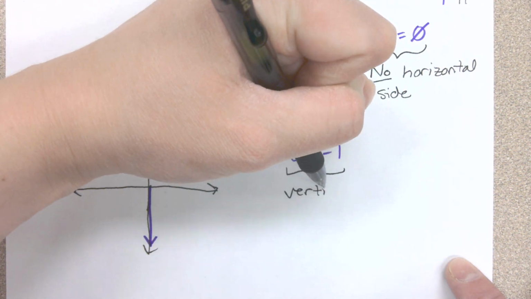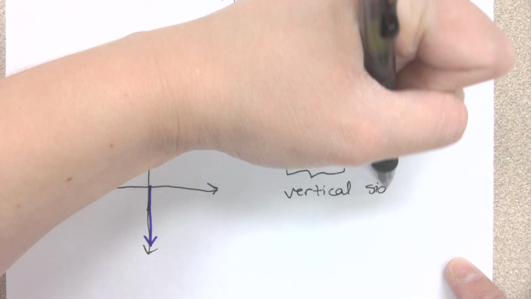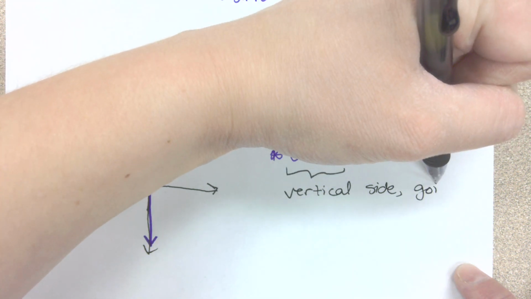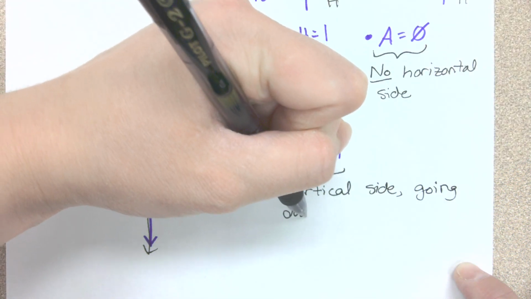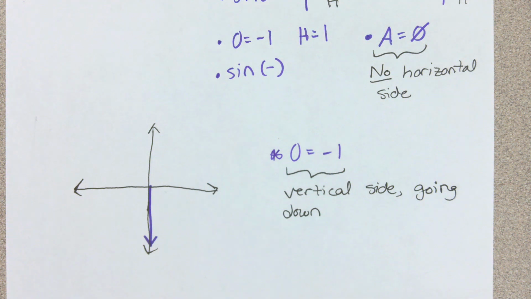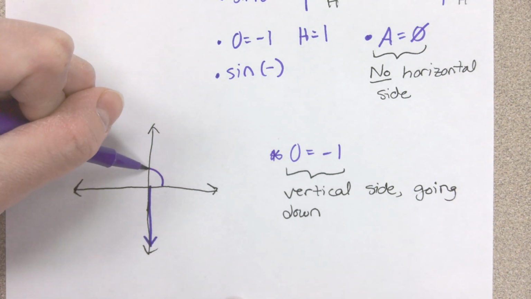This is the vertical side going down. We have our angle of rotation.